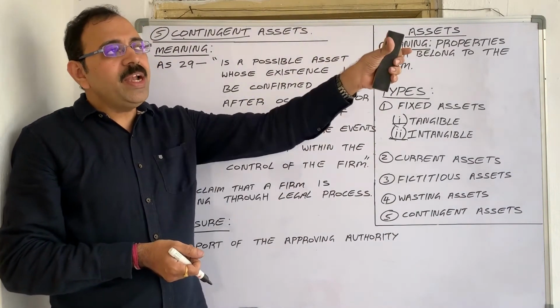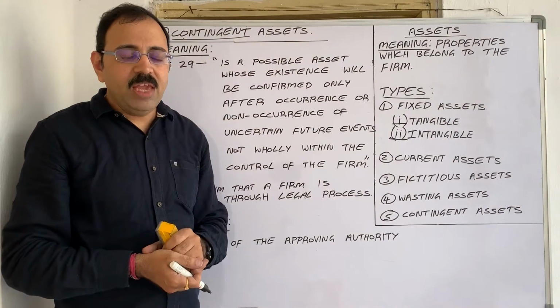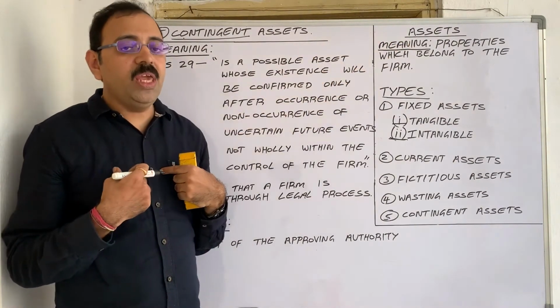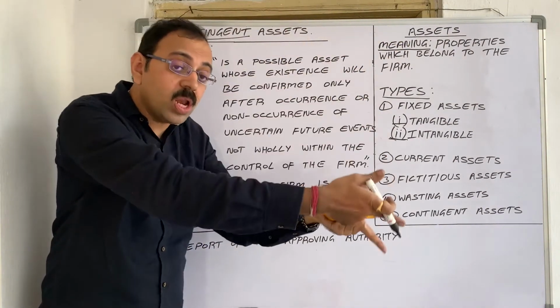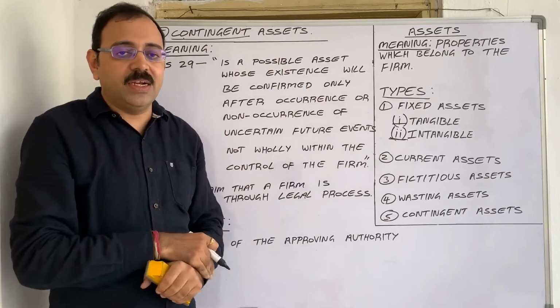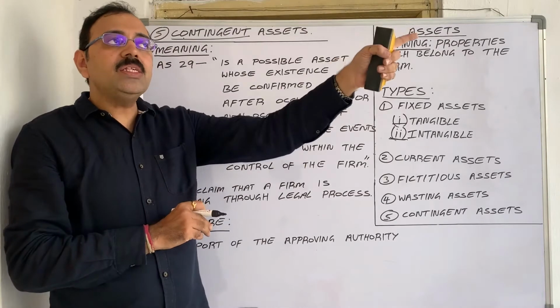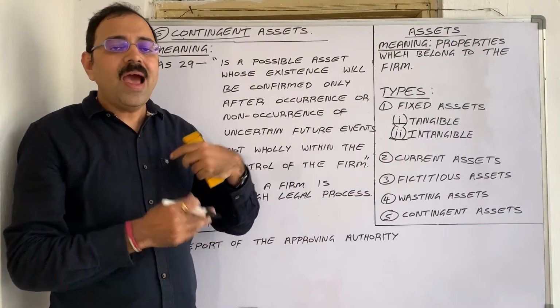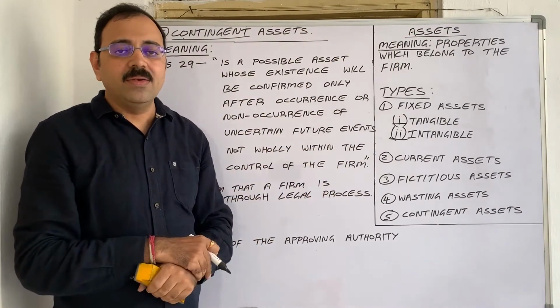Now the judgment is not in my hand. If the judgment comes in favor of me, then I will become the owner of that particular land. For me, that land becomes an asset. If the judgment is against me, then I am not the owner of that land.